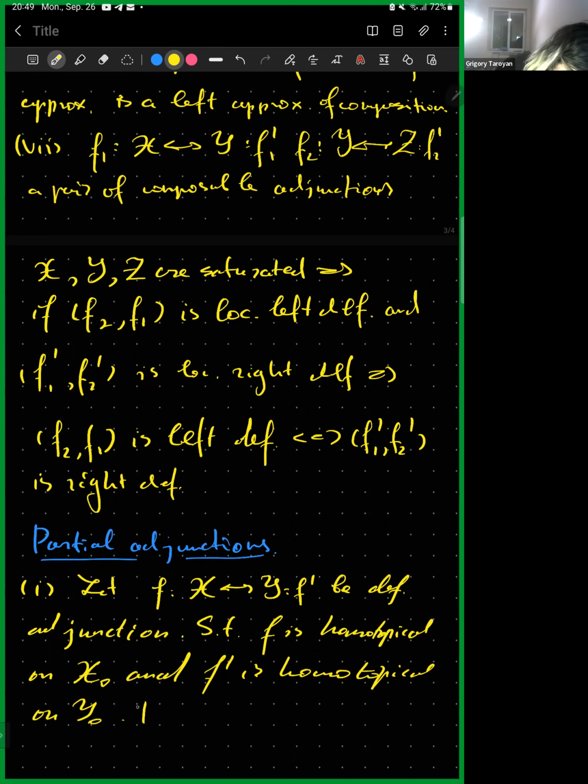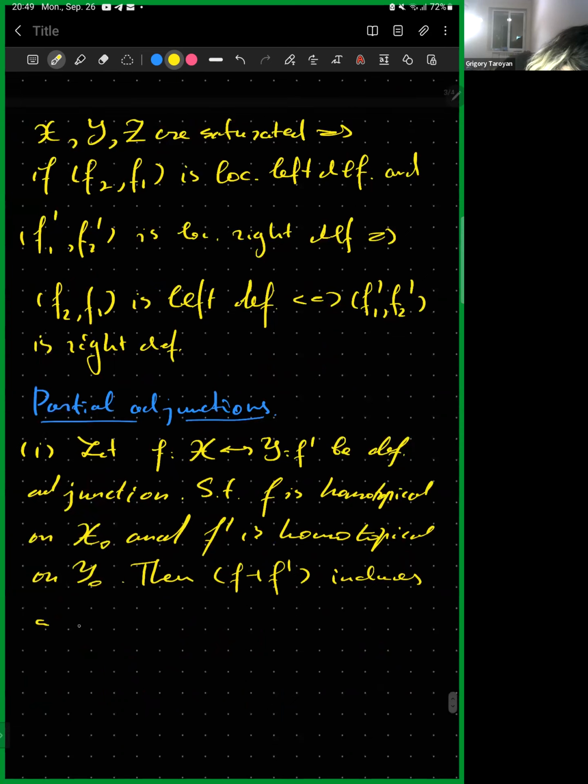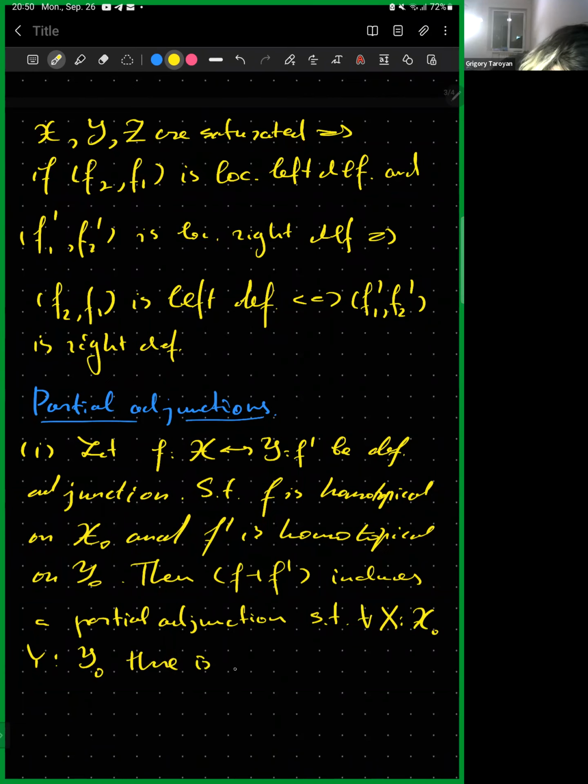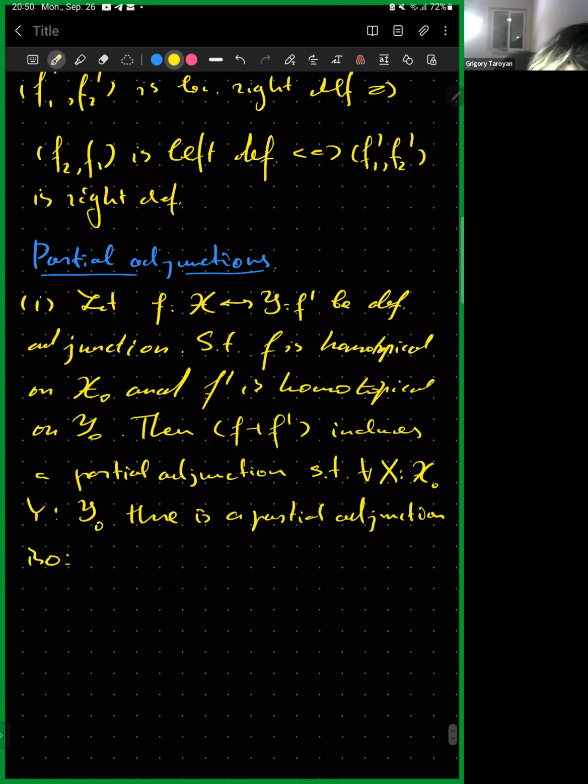Then F prime induces a partial adjunction such that for any object x in X0 and any object y in Y0, there is a partial adjunction isomorphism, which works like this.